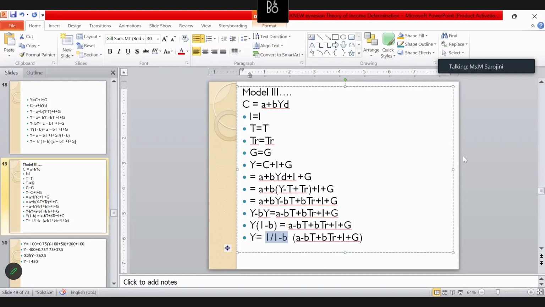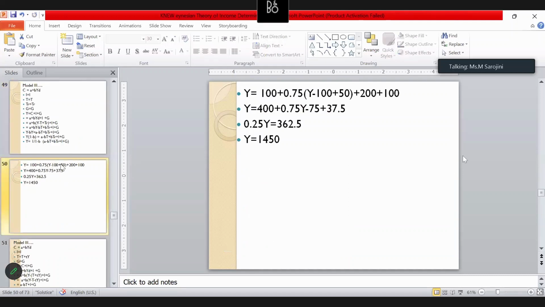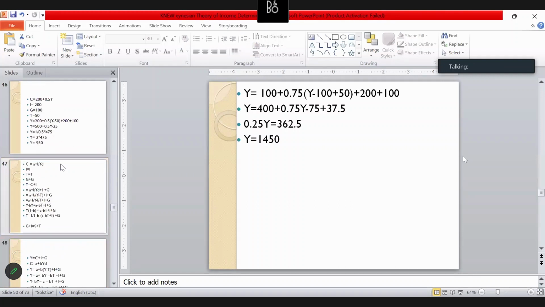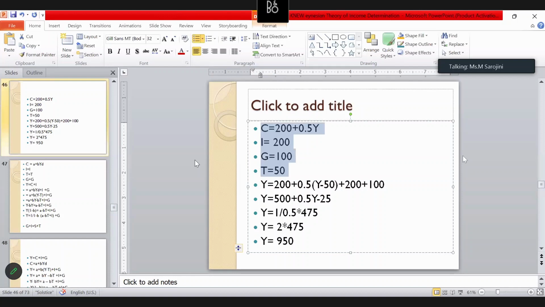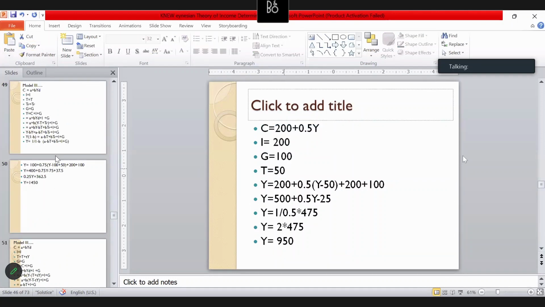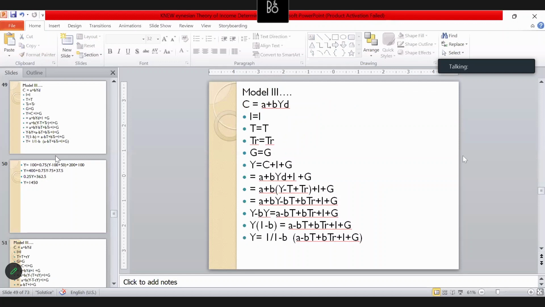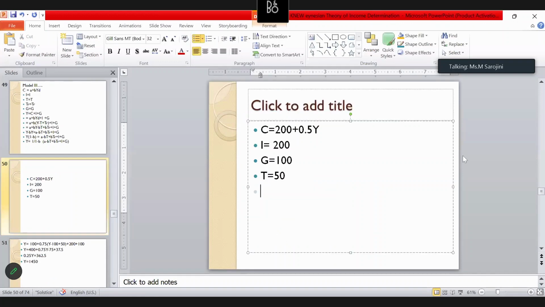Now we will move to the numerical example. Right here, we put the same information. Here TR, transfer payment, we are going to add.